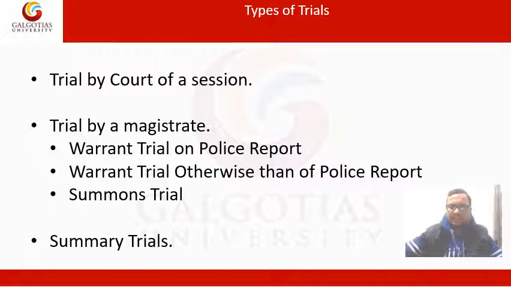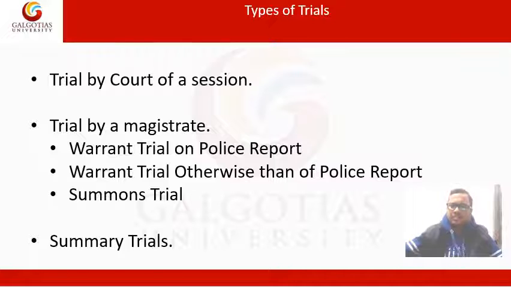The basic difference between a warrant trial and a summons trial is that in a warrant trial, normally formal framing of charges is done. So the court will be conducting a hearing of charge, and the court will be taking formal framing of charges.